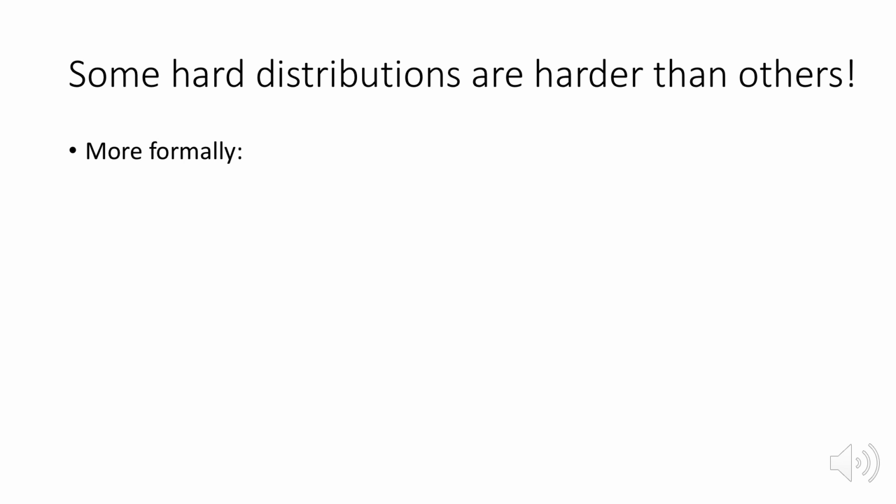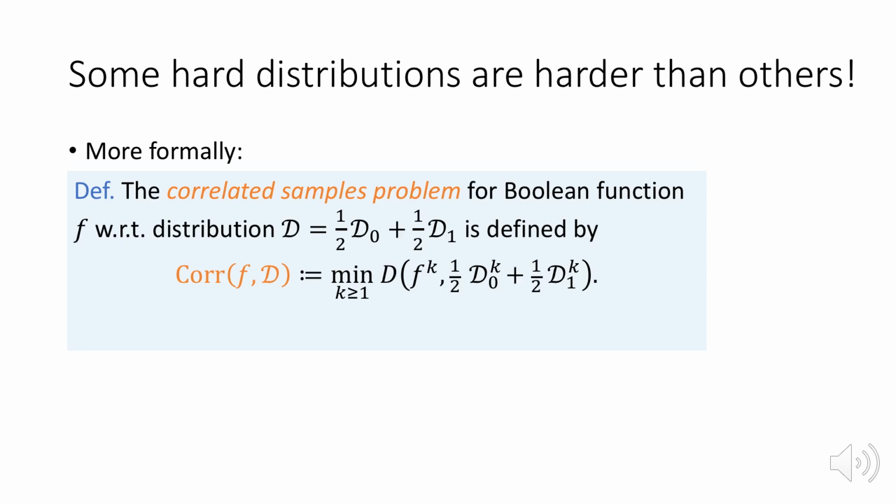So more formally, we define the correlated samples problem for a Boolean function f and an input distribution d given by the pair d0 and d1 as the minimum over all k of the distributional complexity of f to the k with respect to the distribution 1/2 d0 to the k plus 1/2 d1 to the k.